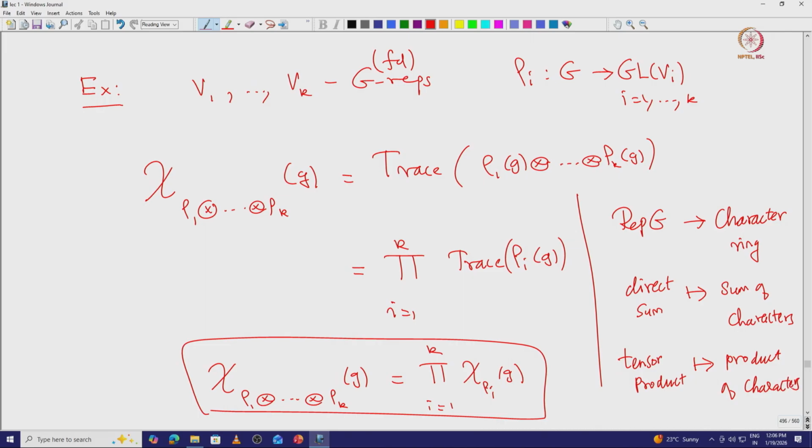So the characters are well behaved with respect to direct sums and tensor products.